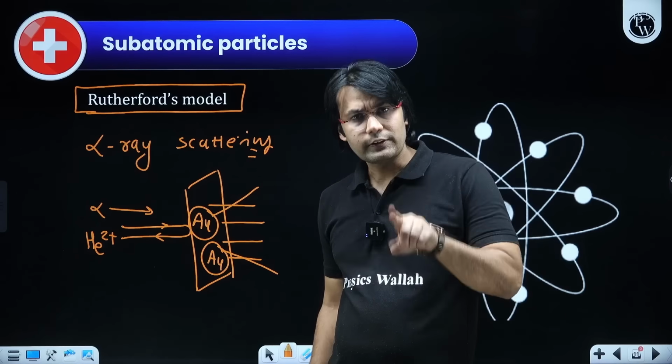Now, if your electron is present in the N1 orbit, the inner orbit, it can jump from this inner orbit to the outer orbit by absorbing energy. Automatically, the electron will not jump from a lower orbit to a higher orbit. It will jump only when it absorbs a certain amount of energy, a certain quanta. So when the electron goes from inner orbit to outer orbit, it will do absorption.